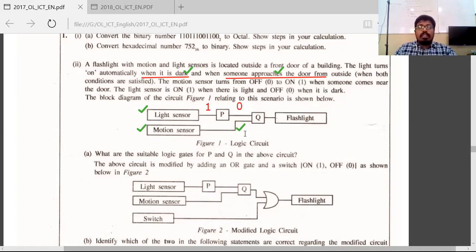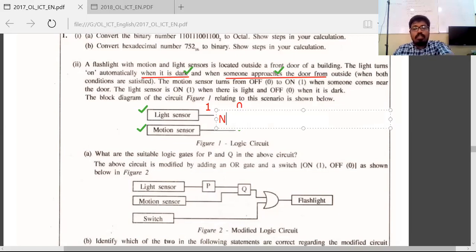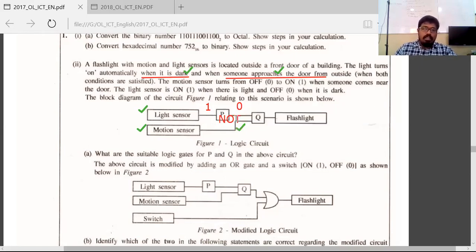So here the P will be which gate? NOT gate, right? So NOT gate is your box P. Why? When you are taking NOT to the light sensor, the value will be 0. Here 0 denotes dark. Why? We need dark and someone approaching the door.